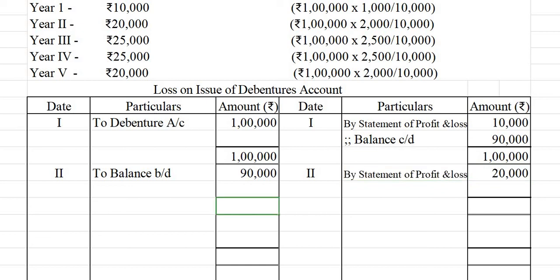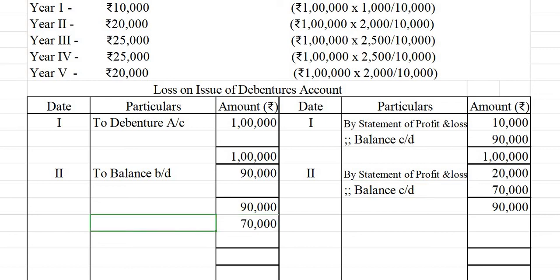Okay, that year's work is also over. 90,000 minus 20,000, 70,000 will be the balance. Against that what can be written? Yes, by balance carry down. That will be brought down, and against that 70,000 we can write to balance brought down.